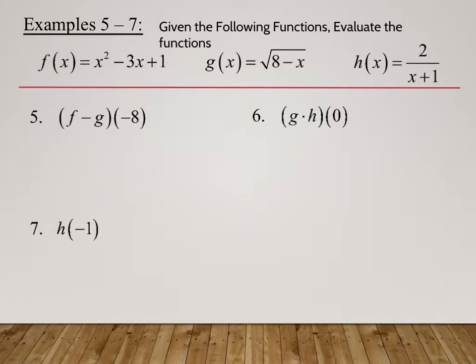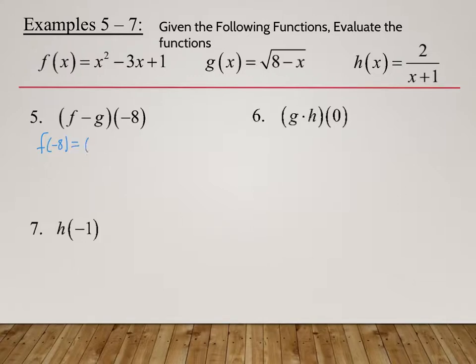So we have the same functions as in the previous example, and now we want you to evaluate some of the operations. For number 5, we have f minus g of minus 8. What we're going to do is find f of minus 8.